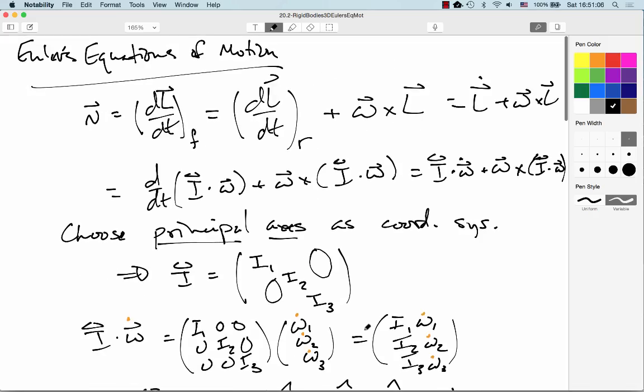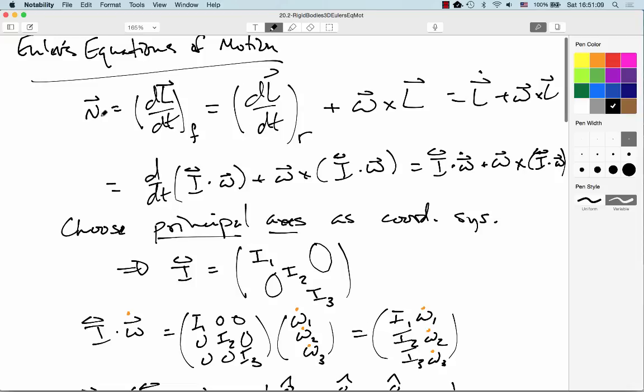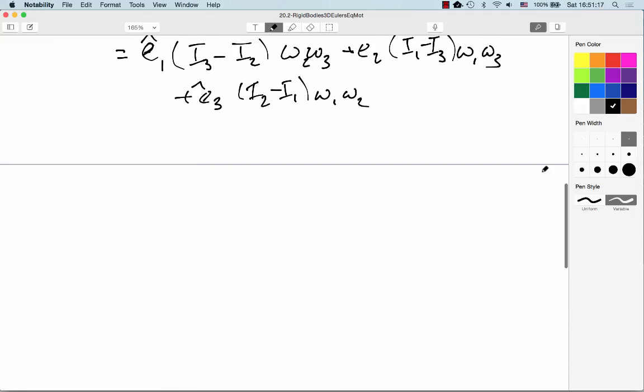So now we can go back to what we had before, that n is going to be equal to that. We've figured out both terms, so let's plug it in.